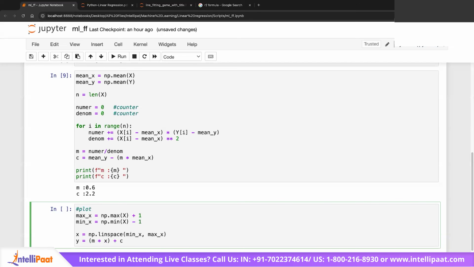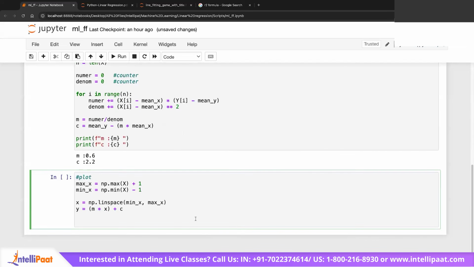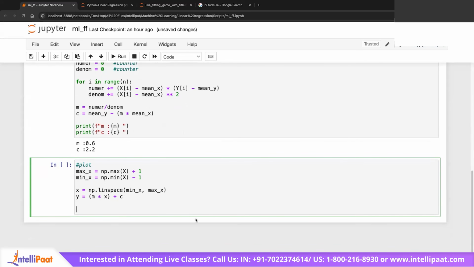That's my equation, correct? From min to max, which is correct. Okay, fine. I'm very sure you must have studied linspace, you guys did numpy, right? I'm assuming that numpy is done.